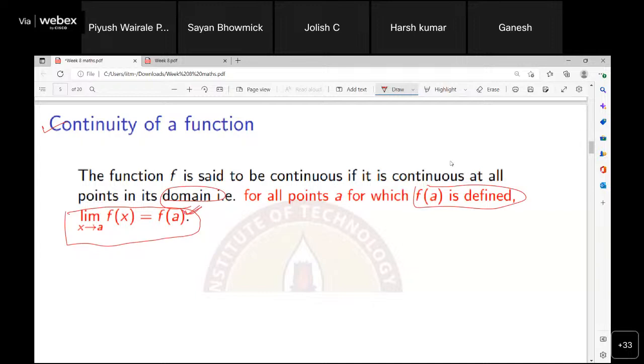So in order to check the continuity of f of x, the first thing is that the limit should exist, which means the left hand limit and right hand limit should be equal. Second, limit x tends to a of f of x must be equal to f of a.